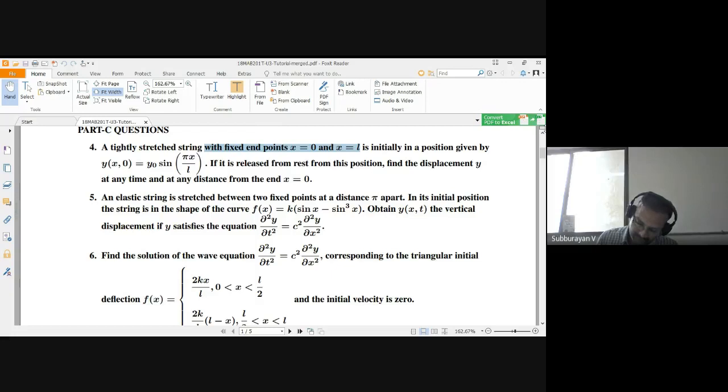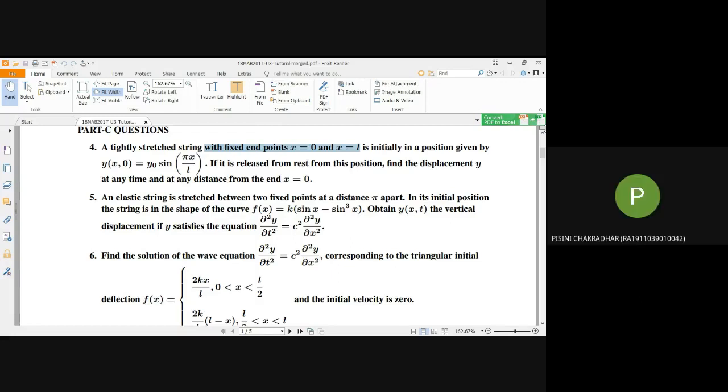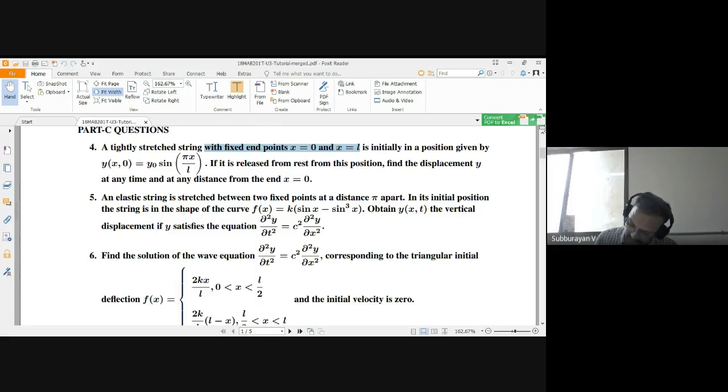What is y of x comma 0? That is k by 4 sin x plus k by 4 sin 3x. This is the left hand side, and the right hand side is a series, b1 sin x plus b2 sin 2x plus b3 sin 3x and so on.